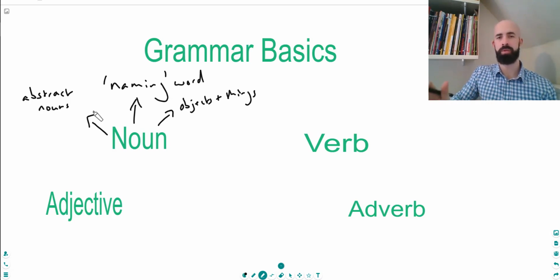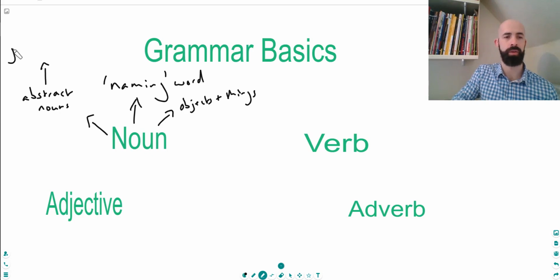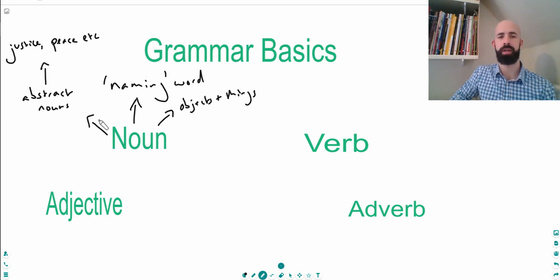Those would be 3 abstract nouns. We know what those concepts mean. They're important concepts, but you can't really point at something and say that is justice or that is love because they're abstractions. The best you could really do is say that is an example of peace or an example of justice. So I'll just put a couple of examples here: justice, peace, etc. So that's one type of noun, an abstract noun. Most nouns though would just be concrete nouns.